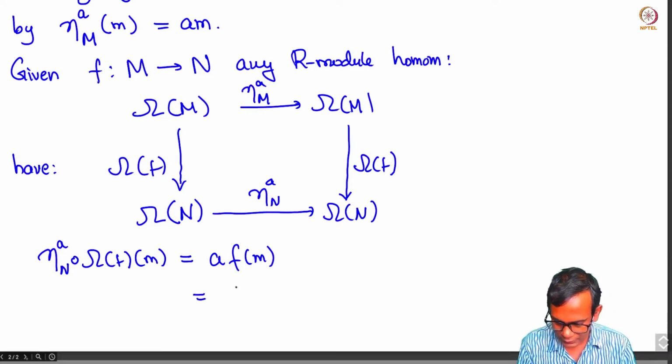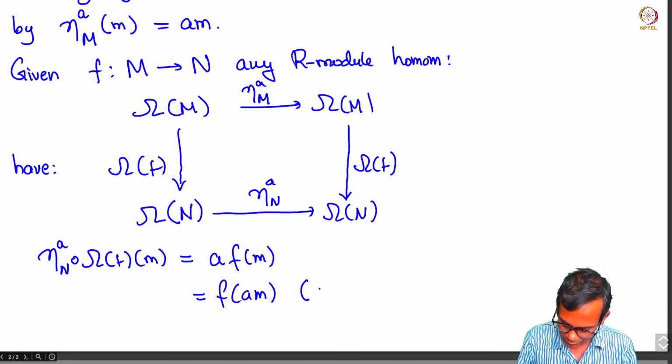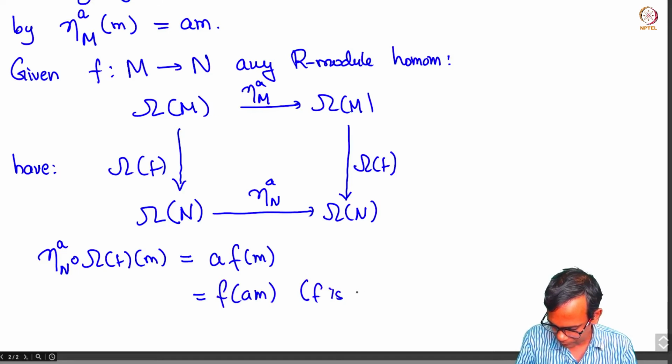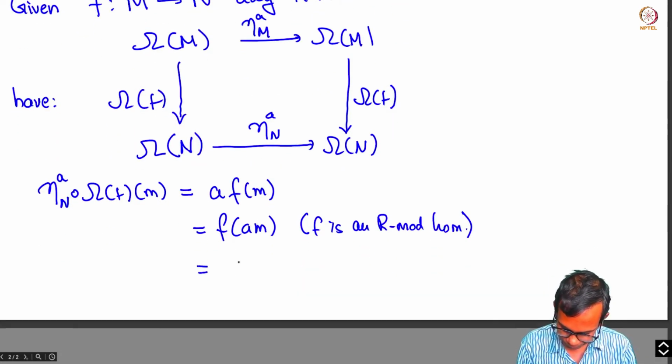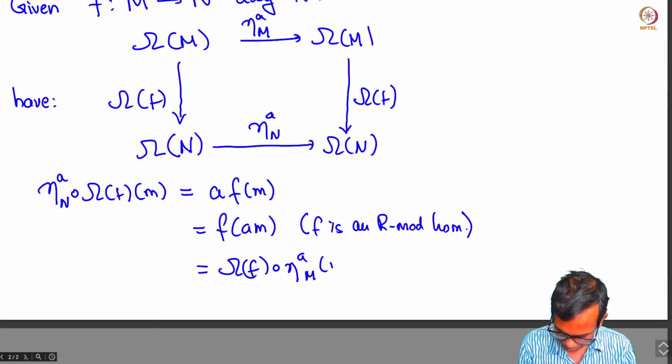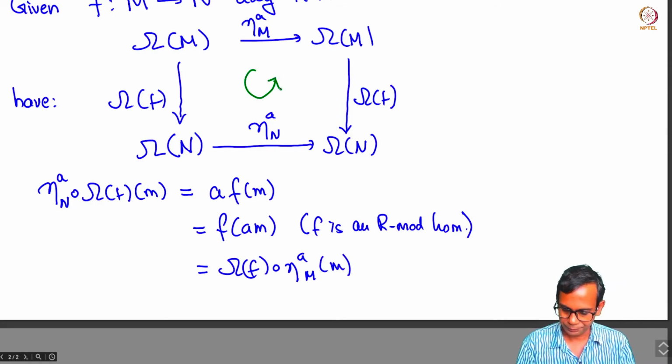But because f is an R module homomorphism, this is f of am. And so this is omega f circle eta a M of m. So indeed this diagram does commute.